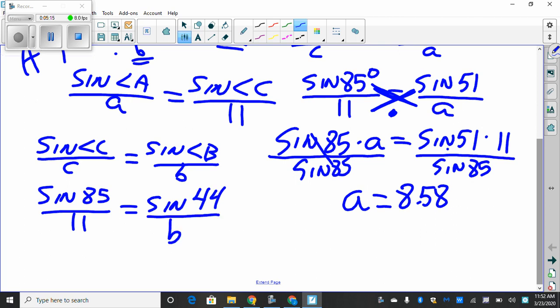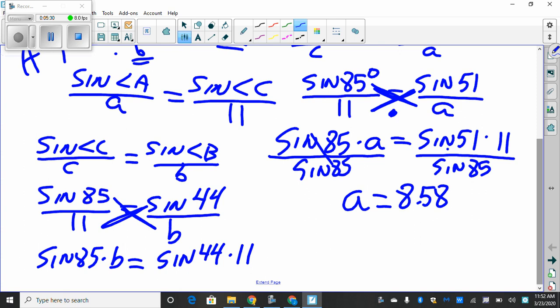And again, you do your cross multiplication. So sine of 85 times b is going to equal sine of 44 times 11. And again, I just have to divide out the sine of 85 in both cases.